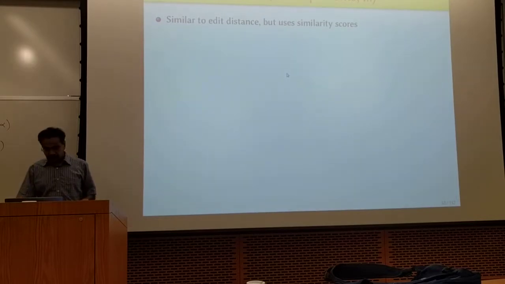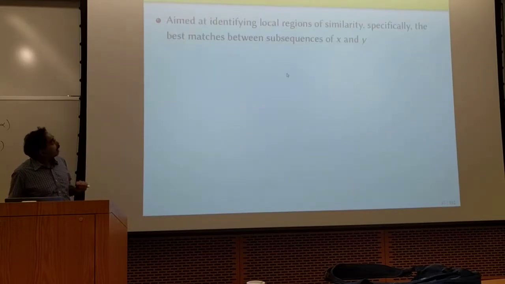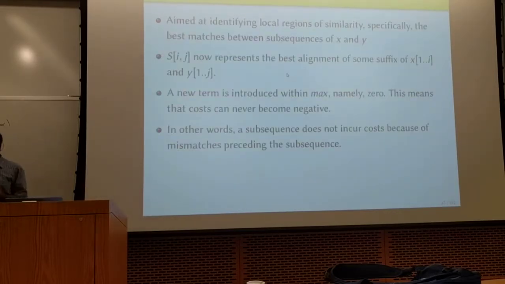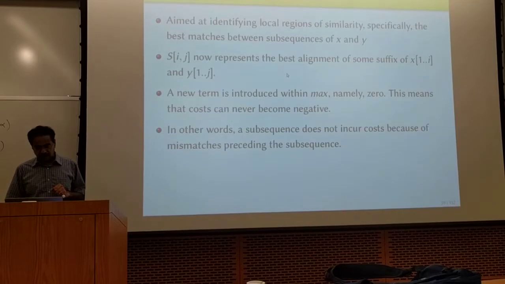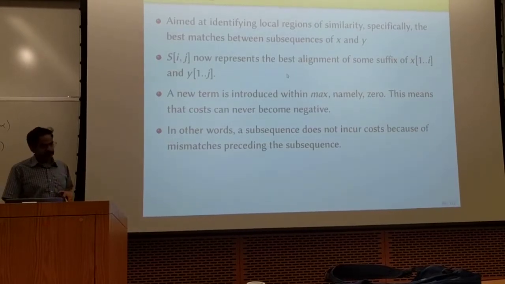Okay, so I'm not going to talk too much about global alignment and local alignment and so on. If you happen to take a course in computational biology or something like that, you will hear a lot more about applications of edit distance and various other string matching algorithms in biology.